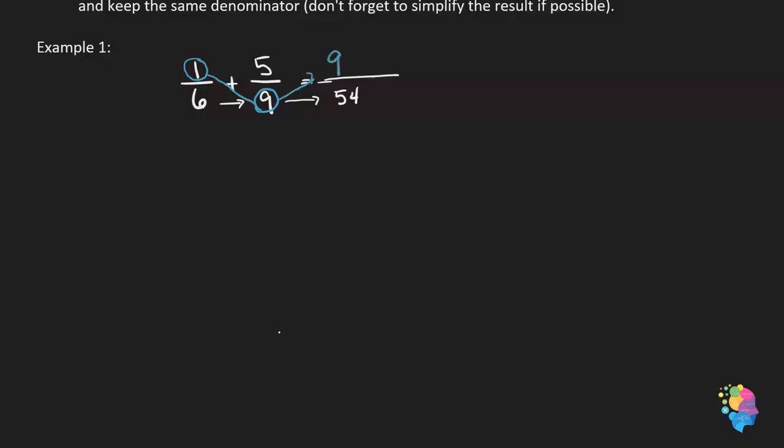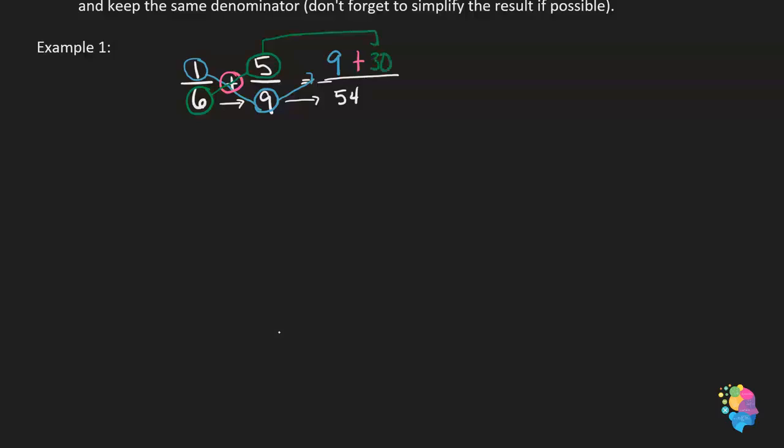So that's a 9. Then I'm going to bring this addition sign because they're asking us to add, and then the next one is I'm going to multiply the first denominator times the second numerator, and that will be the last value that goes up here. In this case, it will be 30.